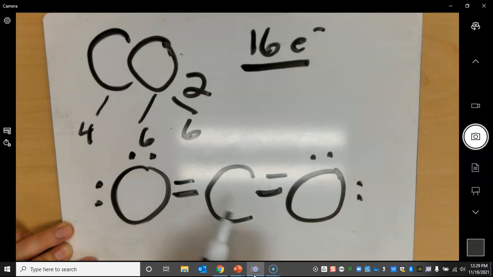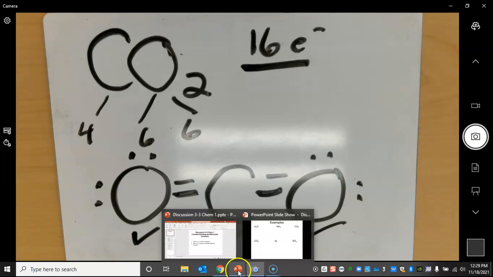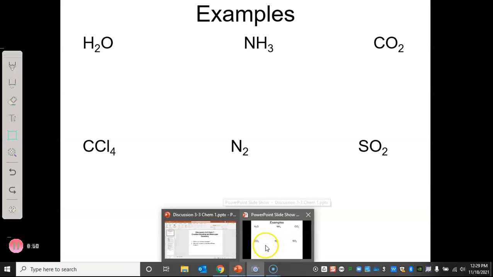So instead of sharing 2 electrons between carbon and oxygen, they're going to share 4 electrons. 2, 4, 6, 8 around the first oxygen, 2, 4, 6, 8 around carbon, and 2, 4, 6, 8 around the second oxygen. So you'll know you need to use double or triple bonds when you really have no other choice but to use double or triple bonds to satisfy every atom.